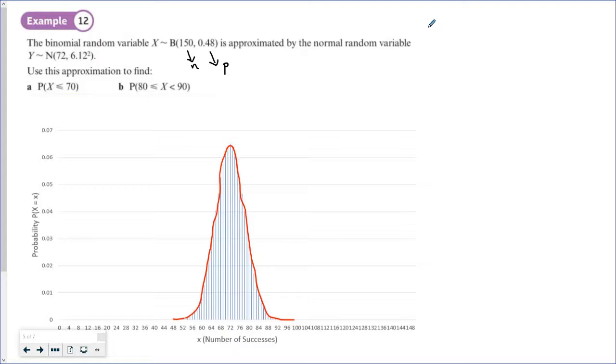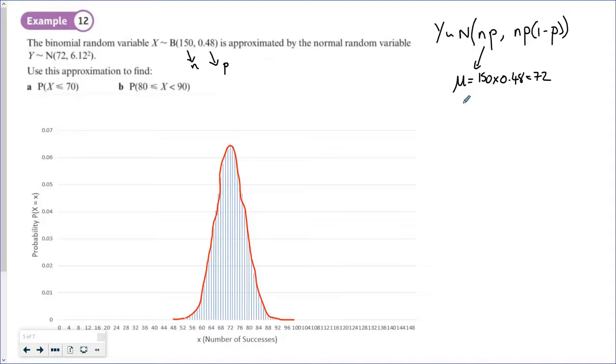So we know that we could approximate it to y with the normal distribution, and the mean would be np, and the variance would be np(1 minus p). So in this case, the mean of the normal distribution, we would do 150 multiplied by 0.48, and you do indeed get 72.